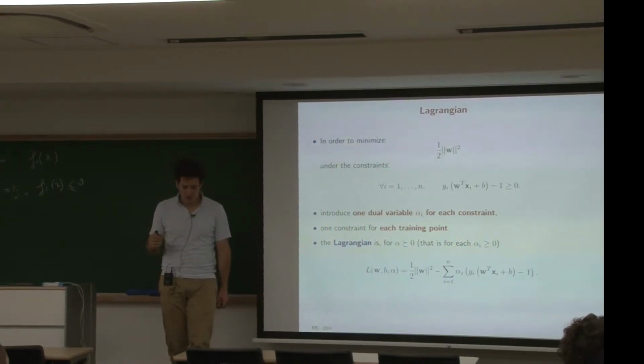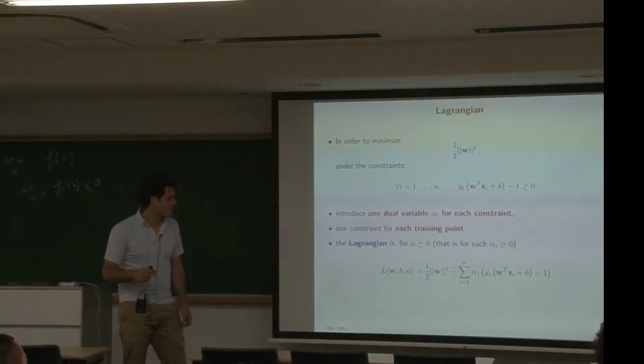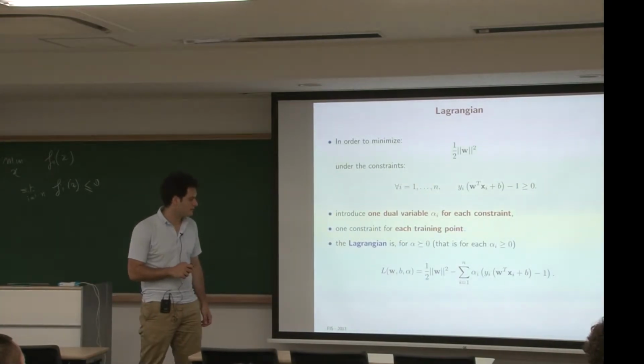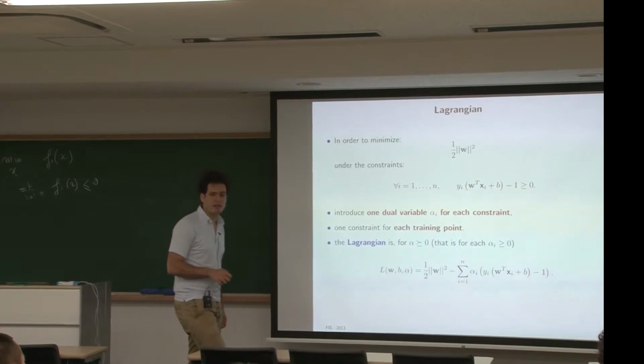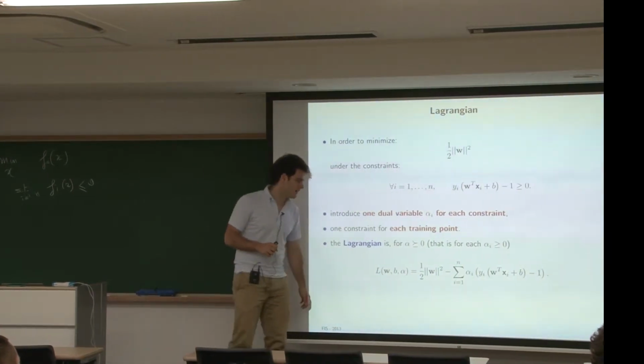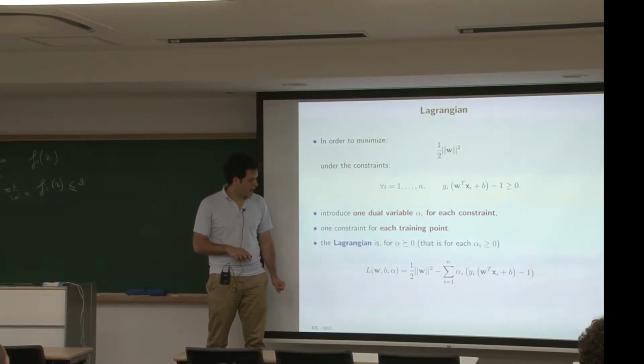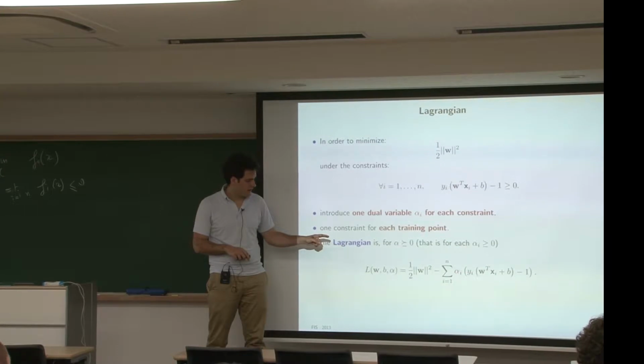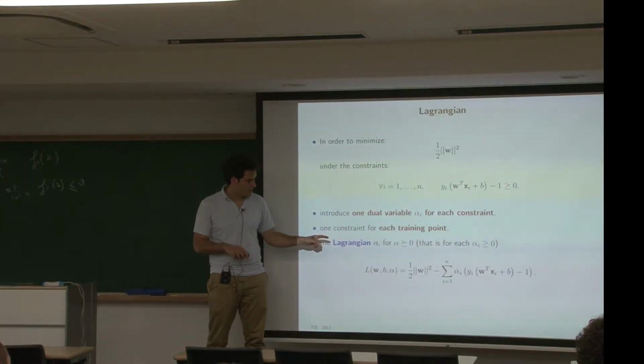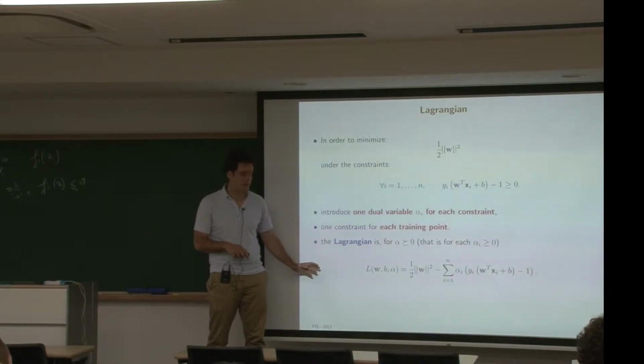So let's assume for a second that there's an alpha i here which is infinite, for instance. If this alpha i is infinite, then if this is positive, it will bring down the objective very low, so that will be fine.